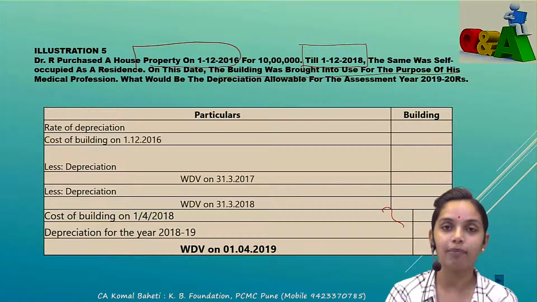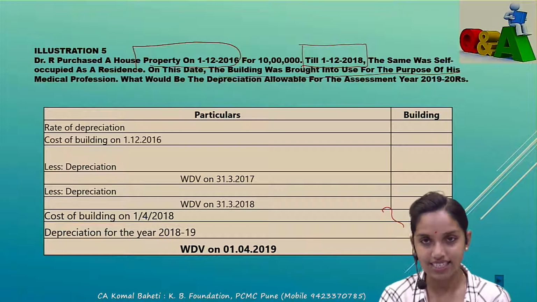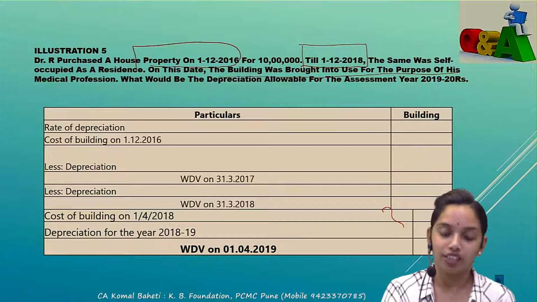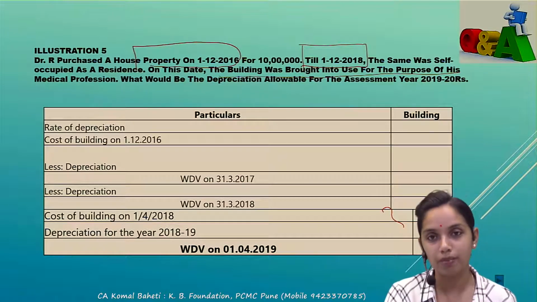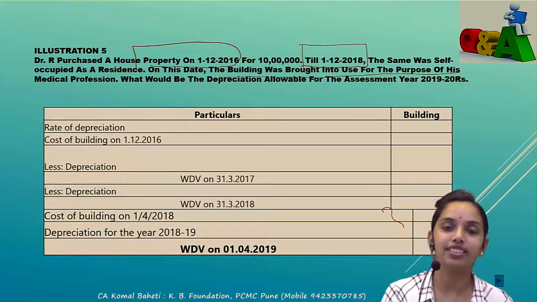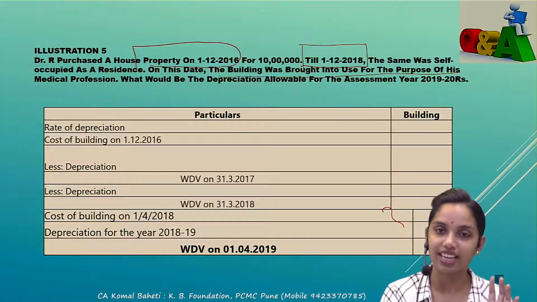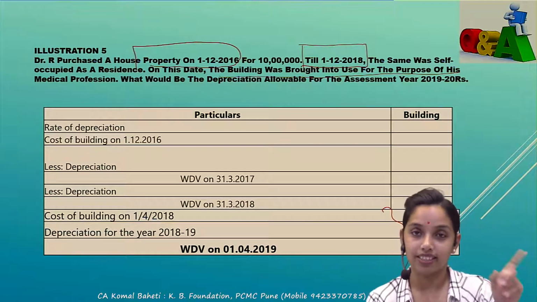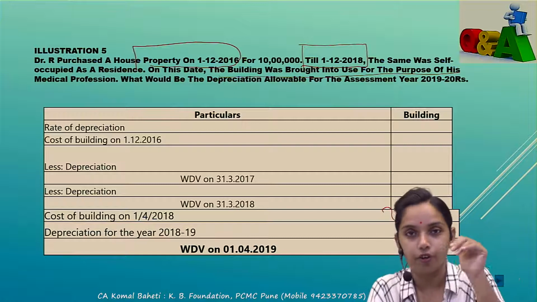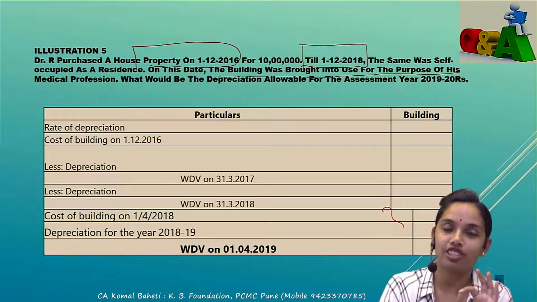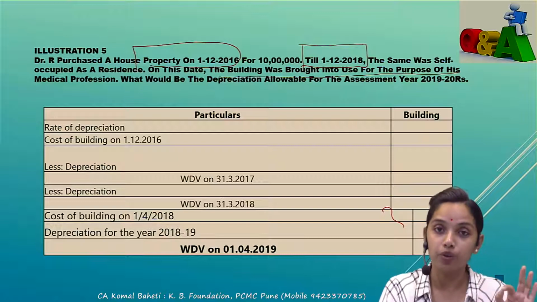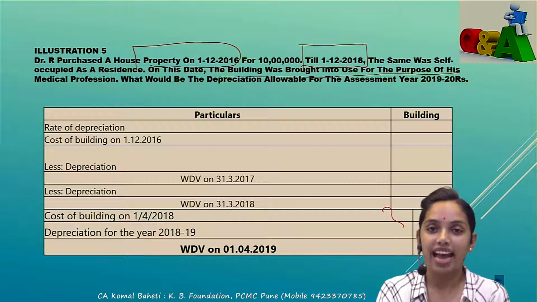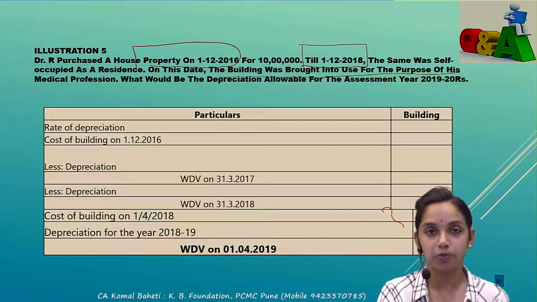Try to understand: the building was used in the years 16-17 and 17-18 for personal purposes, and later, after almost 2 years, it was used for business purposes. If you remember, there is Explanation 5 of 43(1). It says that if the building has been used for a private or personal purpose and later introduced to business, then the cost of acquisition of the building should be reduced by the notional depreciation for the period for which the asset was personally used by the assessee.